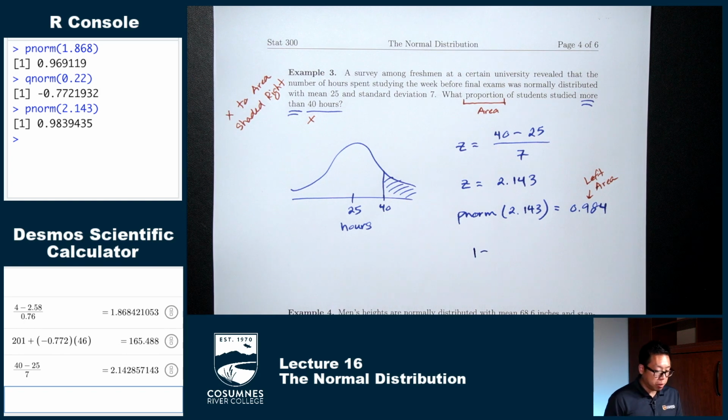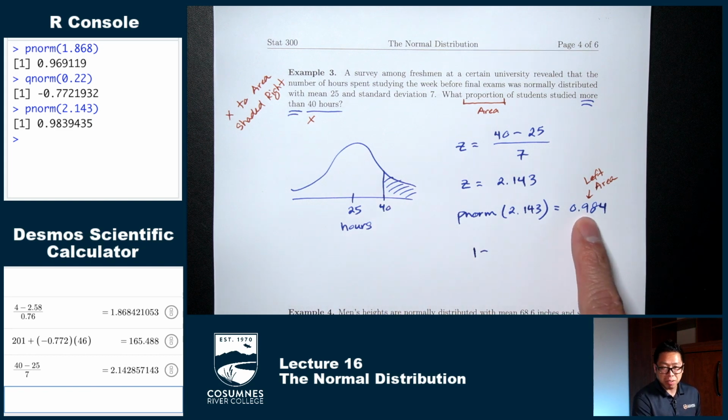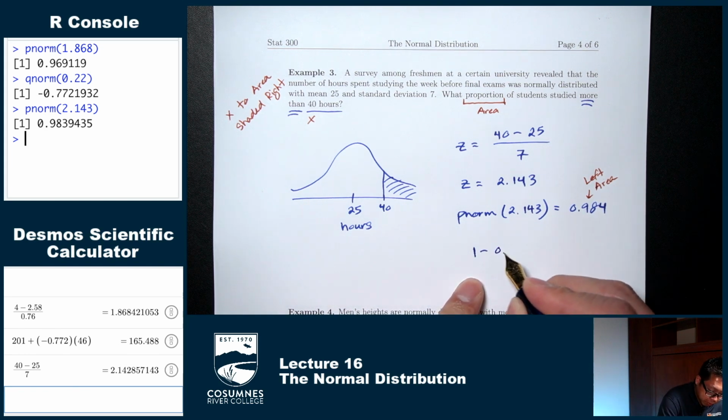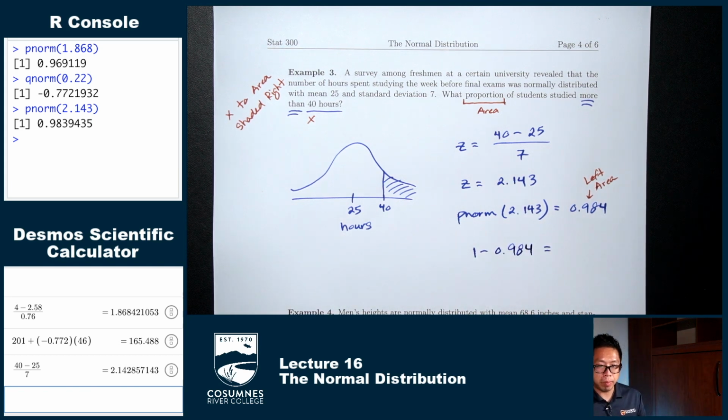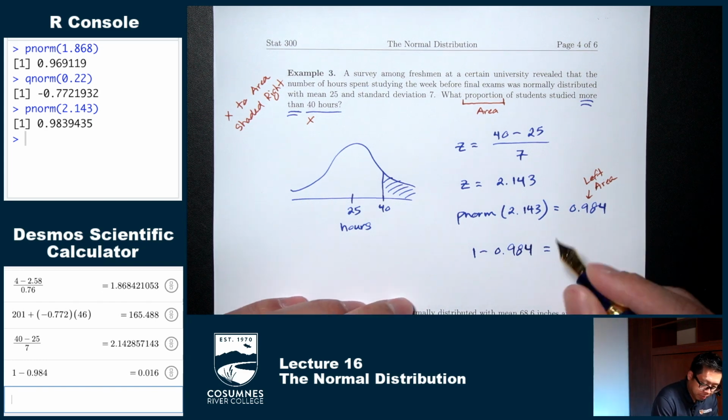Another clue that you want to do 1 minus is that based on my picture, that's a small area, but 0.984 is pretty big. That's like 98.4%, so I know for sure that's not the right answer. So 1 minus 0.984 is 0.016.